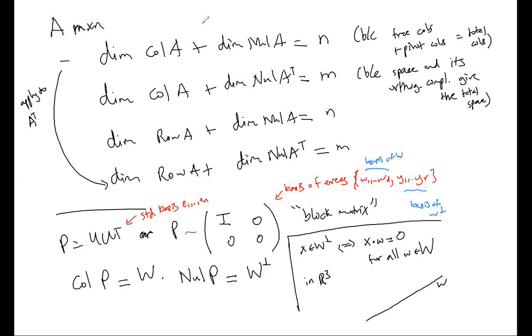And then your W perp would be everything orthogonal to this, which would be a two-dimensional space, right? This would be W perp.